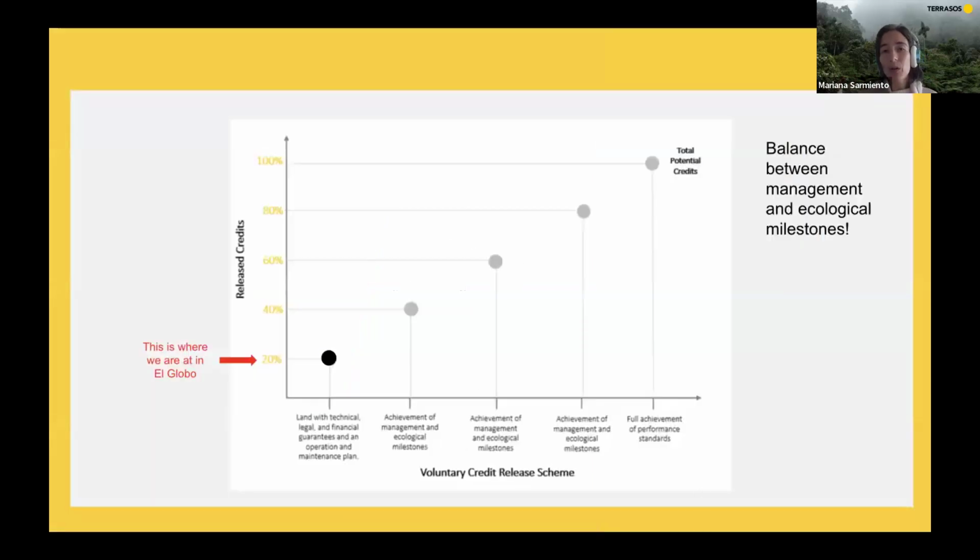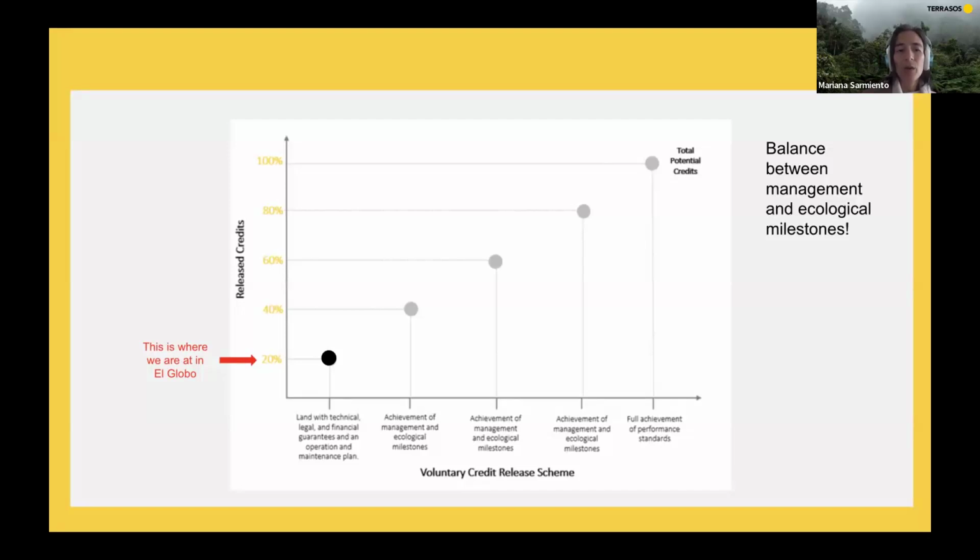So let's say my project, based on those scoring factors, can issue 100 TEBUs. I can't sell those TEBUs all at once. Those TEBUs are released as the project fulfills management and ecological milestones. Today, we're going to see one of the projects that is issuing TEBUs, which is El Globo.